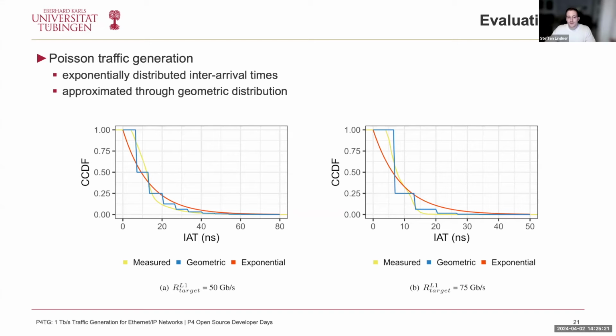What we see here is that the measured values nicely fit between the geometric and the exponential function, both with 50 gigabit per second as well as 75 gigabit per second. So P4TG also accurately generates Poisson traffic, which is sometimes needed for some scientific experiments where we want to have some kind of bursty traffic.